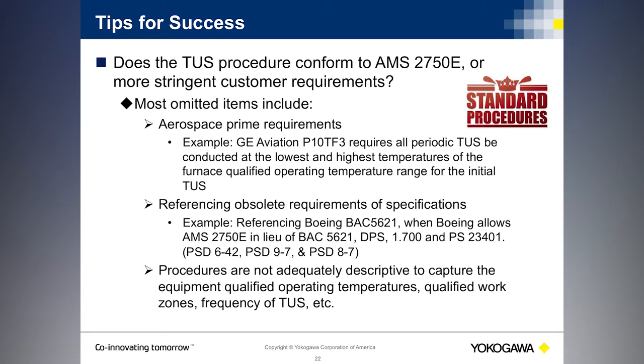If your procedures still reference Boeing pyrometry requirements, you may have NCRs written against you because you do still reference those specifications, and that means you would still have to comply with them. We recently helped a customer that had 3 non-conformances written because in 3 different procedures they referenced Boeing specifications, even though they had adopted AMS 2750 as their pyrometry requirements.